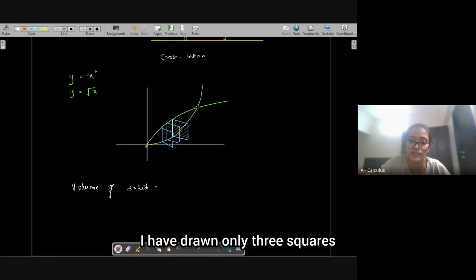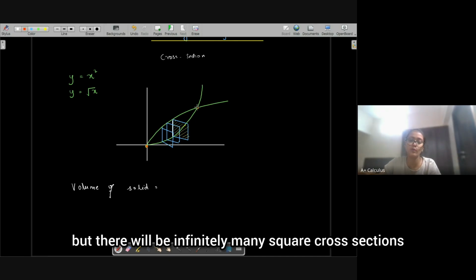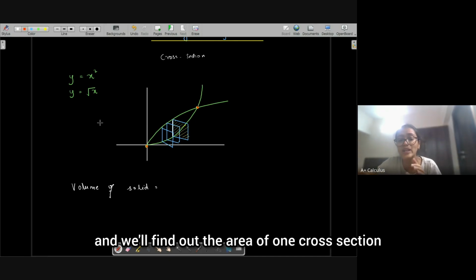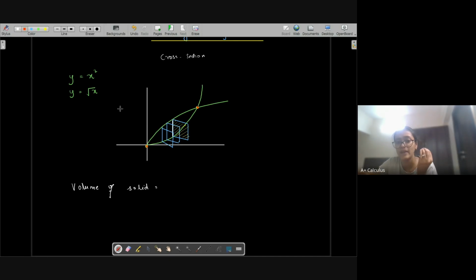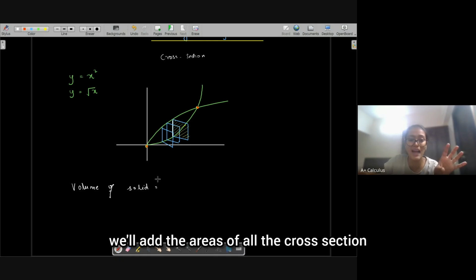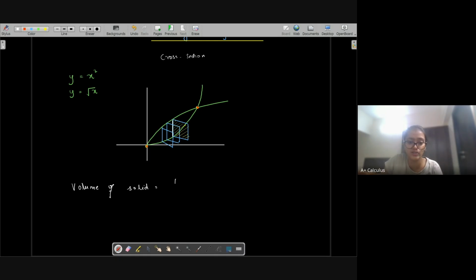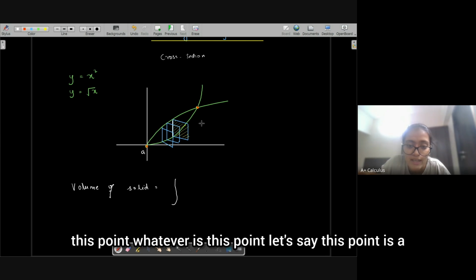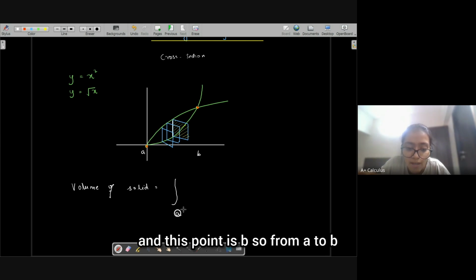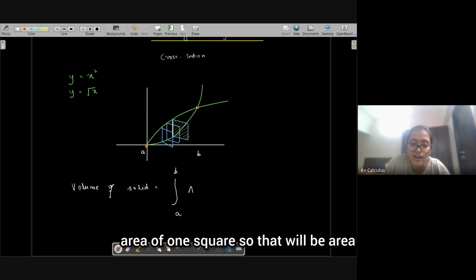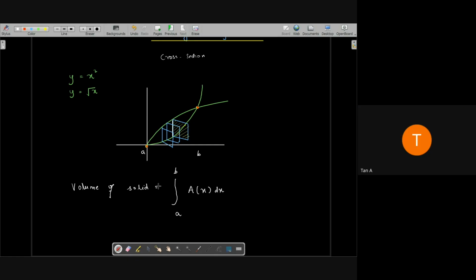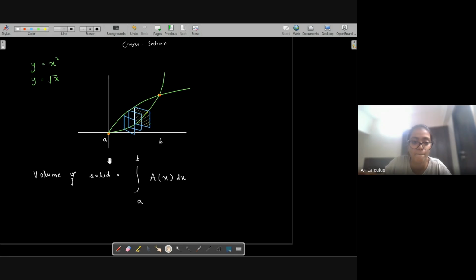I have drawn only 3 squares, but there will be infinitely many square cross sections. And we find out the area of one cross section, and we will integrate it. We'll add the areas of all the cross sections. Let's say this point is A and this point is B. So from A to B, area of one square, that will be area dx. You're good till here?